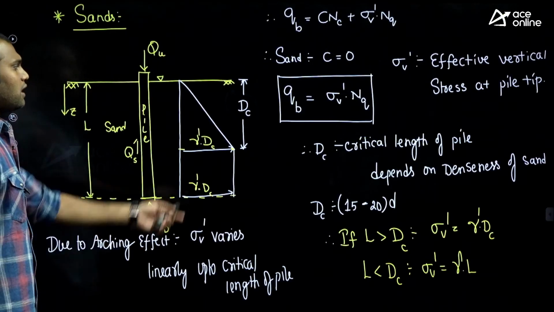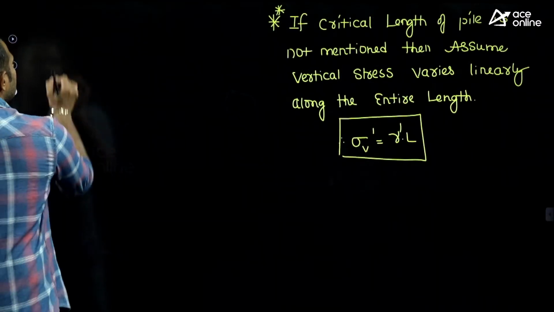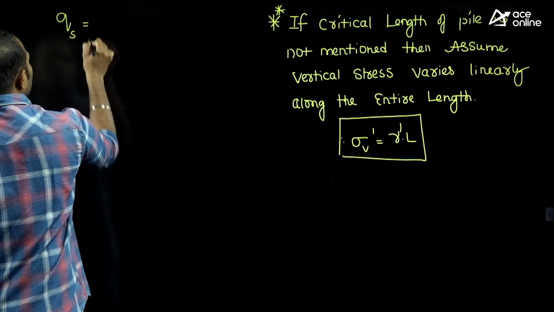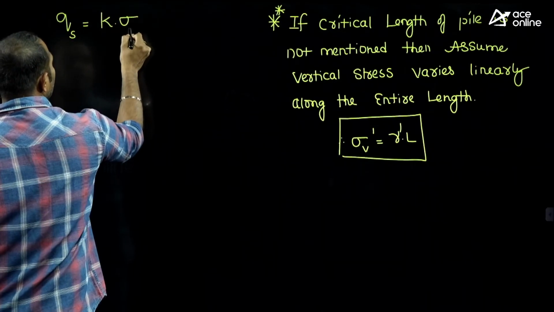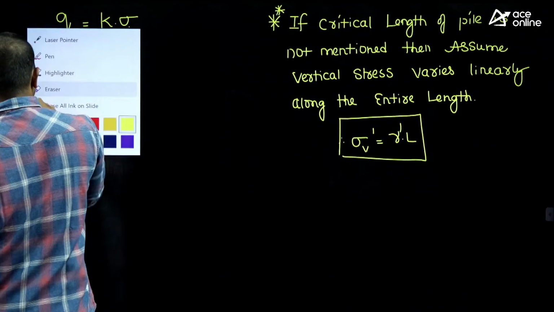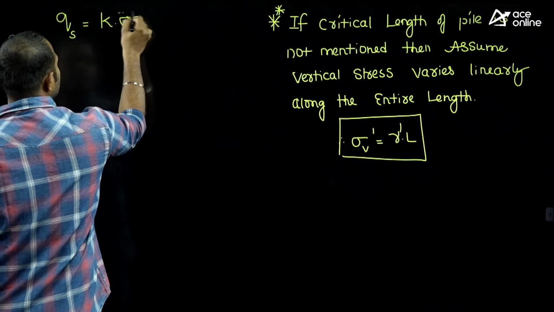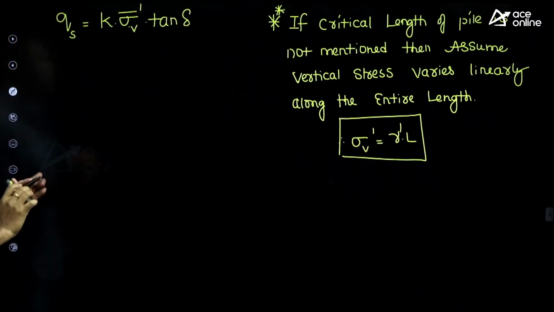Okay, so this is about the Qb, and now coming to the Qs. Qs is nothing but the skin frictional resistance: coefficient of earth pressure into average vertical stress into tan delta. Here also there is a lot of ambiguity.